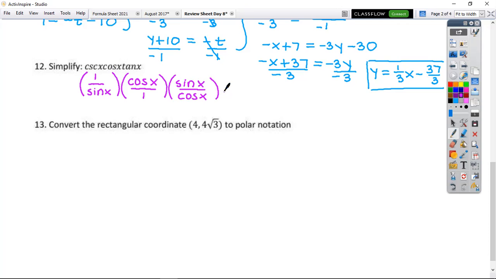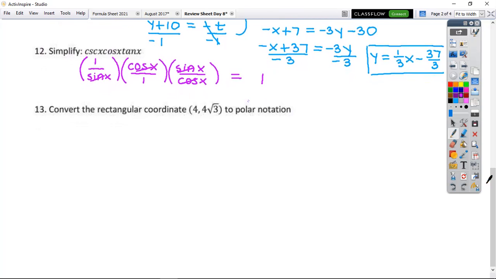Actually, everything cancels, doesn't it? Cancels, cancels. Answer is just plain 1. Okay, those are getting better? Okay, good. And again, once you plug an identity in, if it doesn't improve your problem, then go back and see if there's something else you could use instead.